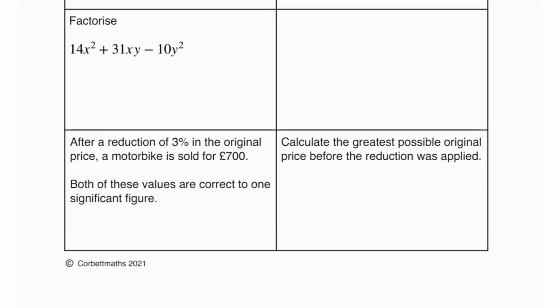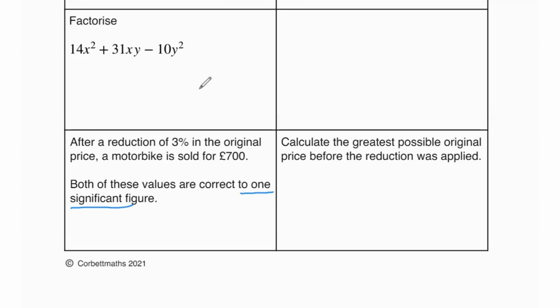Next question says, after reduction of 3% in the original price, a motorbike is sold for 700 pounds. Both of these values are correct to one significant figure. Calculate the greatest possible original price before the reduction was applied. So we know that they're all correct to one significant figure.